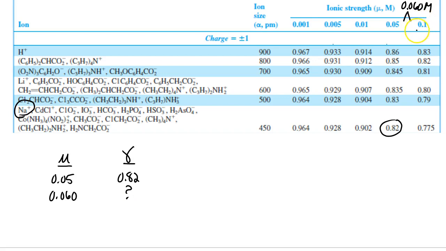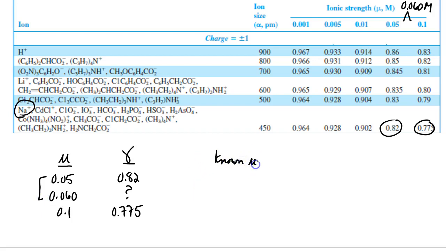And then the ionic strength just above 0.06 would be 0.1 molar, and the activity coefficient for sodium would be 0.775.